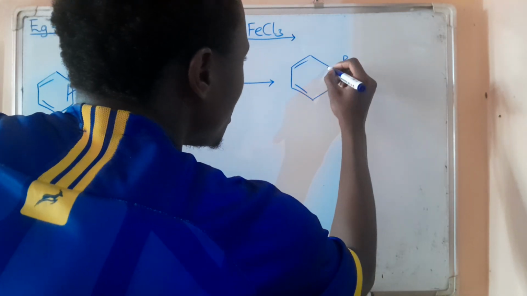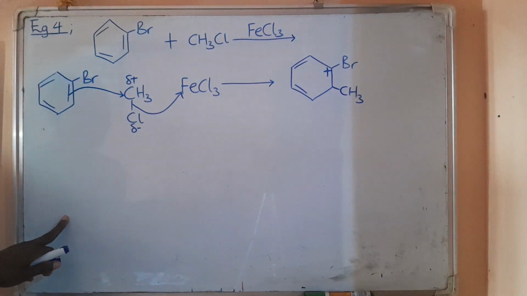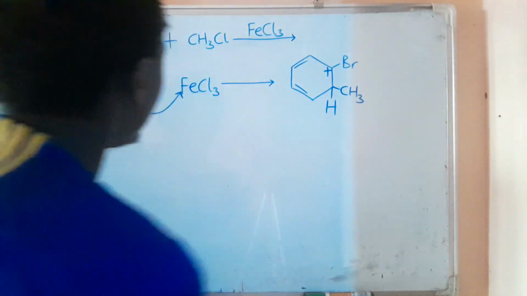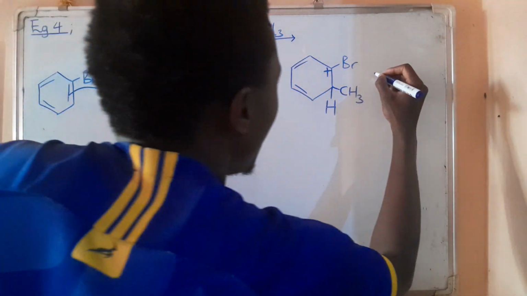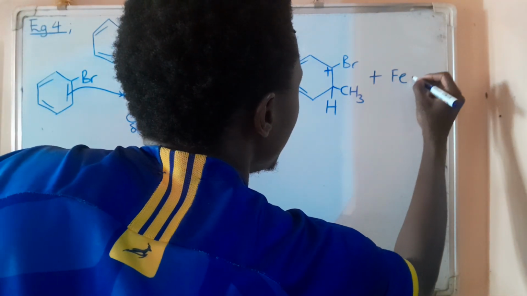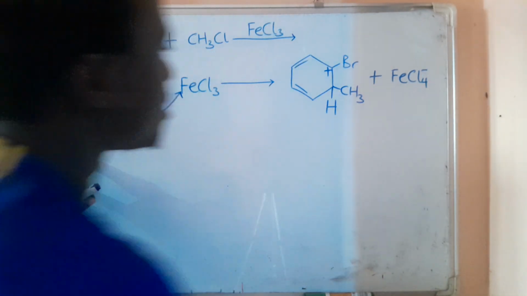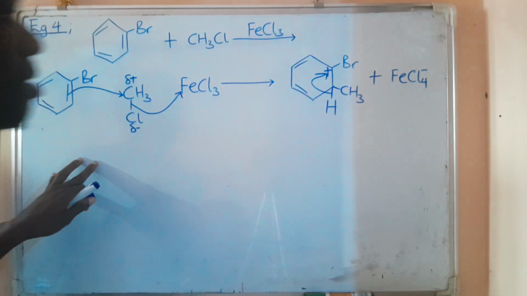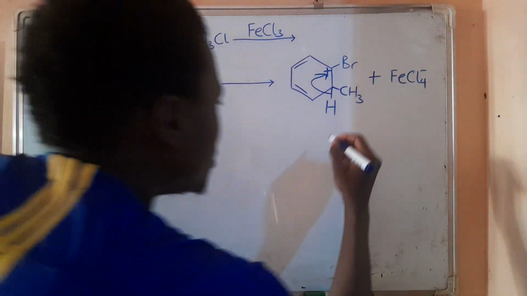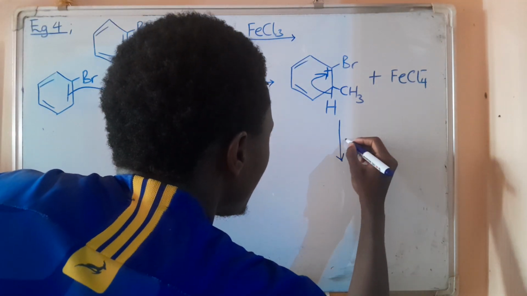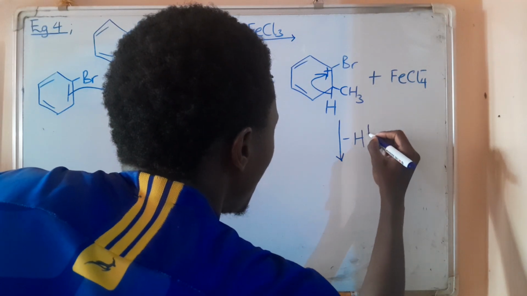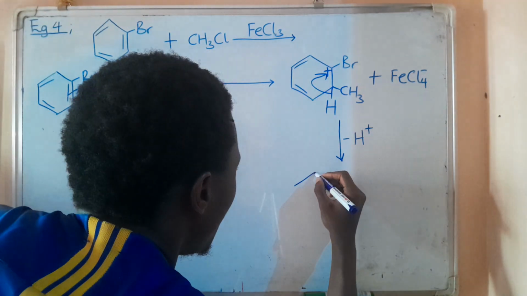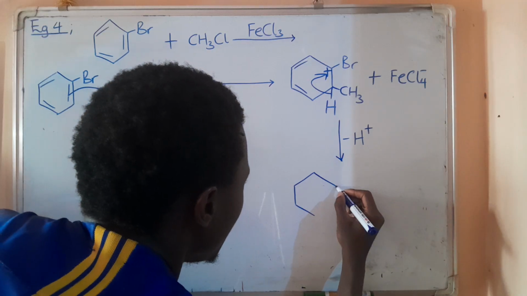Once it goes down, that carbon up will be electron deficient. Then we expose the hydrogen here. We are going to use it. Then here we formed FeCl4 minus. So we expose this so that it donates electrons to the electron deficient carbon. So we lose a proton, a hydrogen ion. Then we form this as our product.